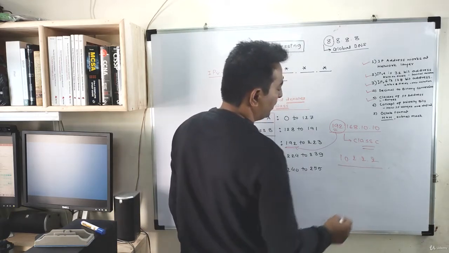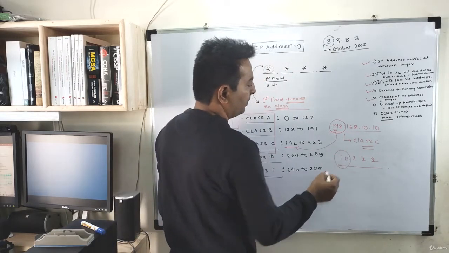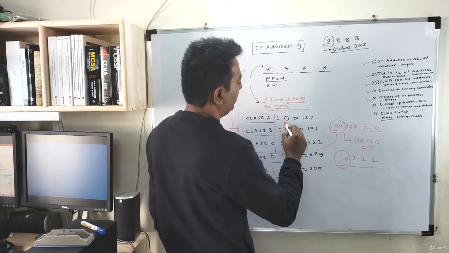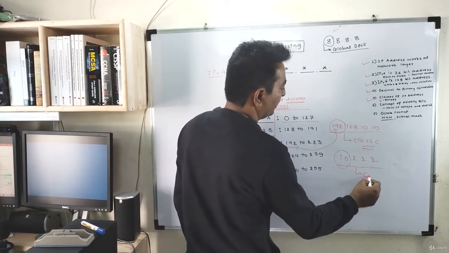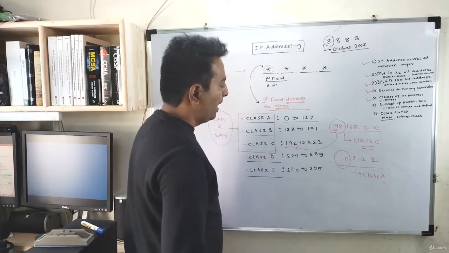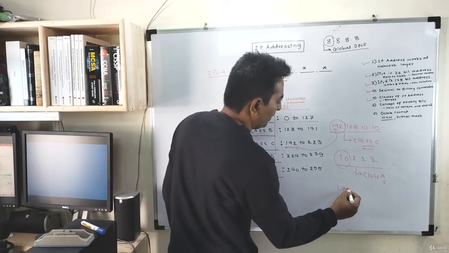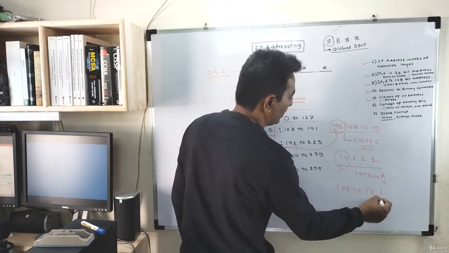10.2.2.2. If you want to identify the class for this IP address, look at the first field. First field is 10. It falls in between this range. So it is a class A IP address. Okay. And for an example of class B, 172.16.17.1.